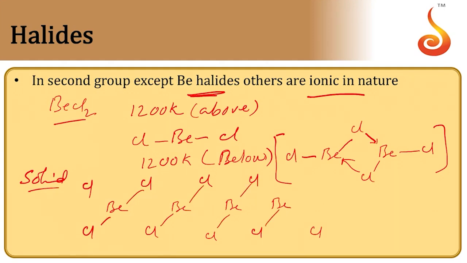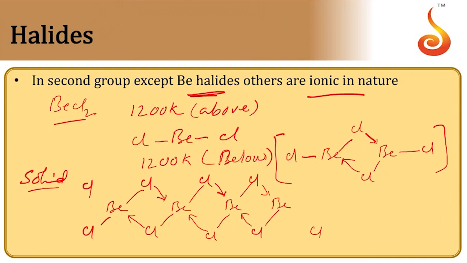These two I am putting as normal covalent bonds like this, and the other one will be a coordinate covalent bond in this way. And so on and so forth. It's a polymeric type of structure.